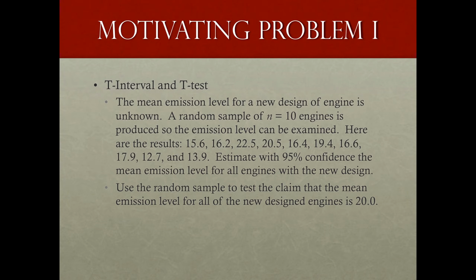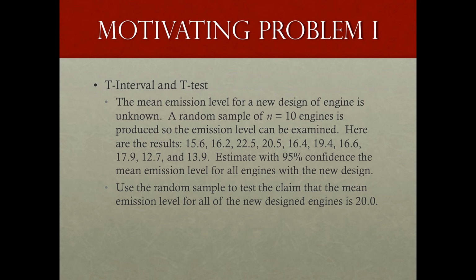Motivating problem number 1. This will be the motivation for the t-interval and the t-test. The mean emission level for a new design of engine is unknown. A random sample of 10 engines is produced, so the emission level can be examined. You get the results. Estimate with 95% confidence the mean emission level for all engines with the new design.